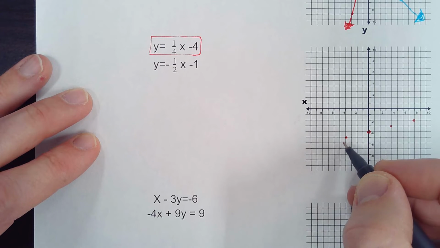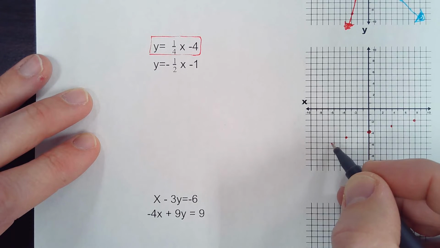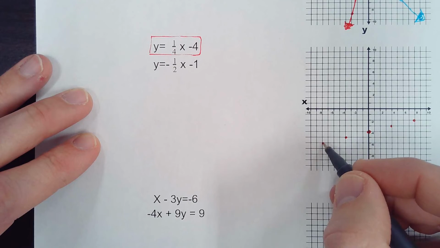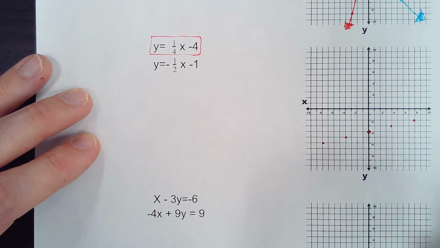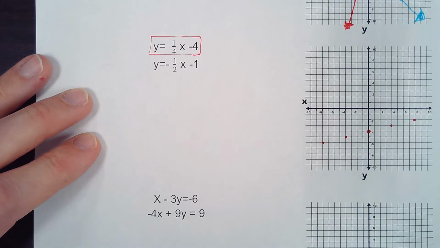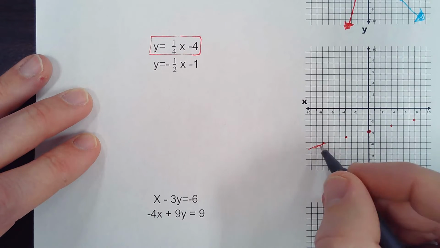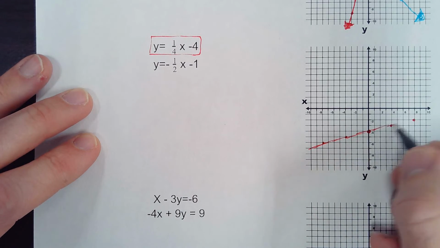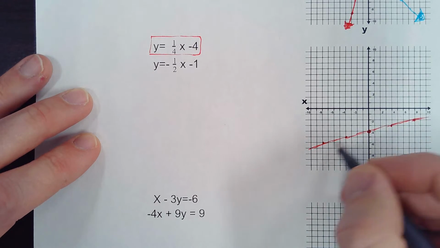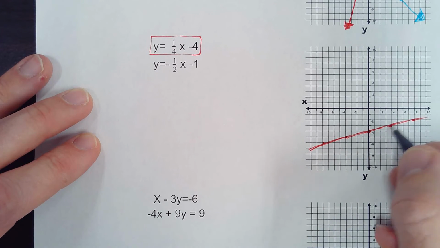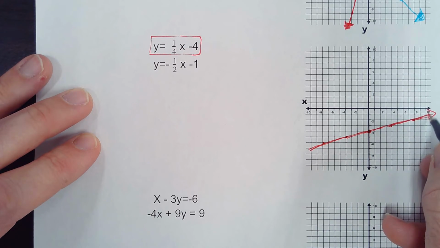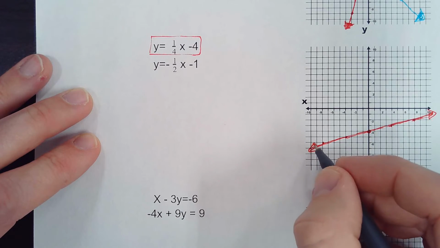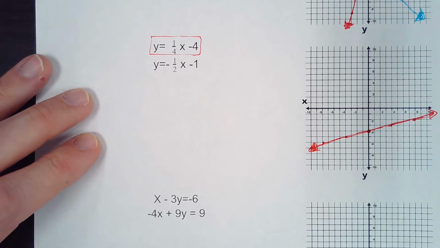Down 1, 1, 2, 3, 4. All right, so then just do our best to connect these lines. So there's our first line, our first equation.